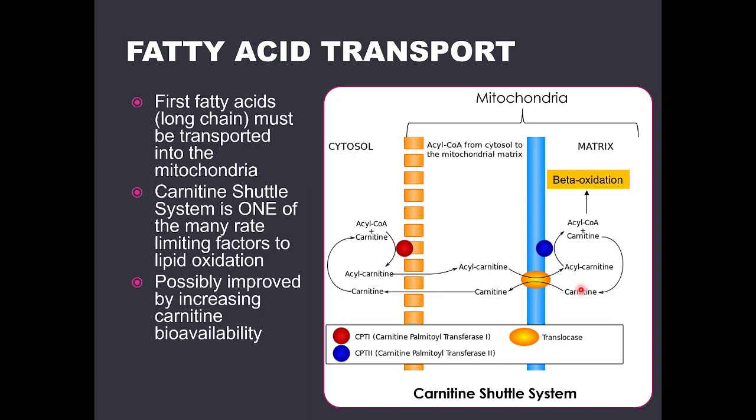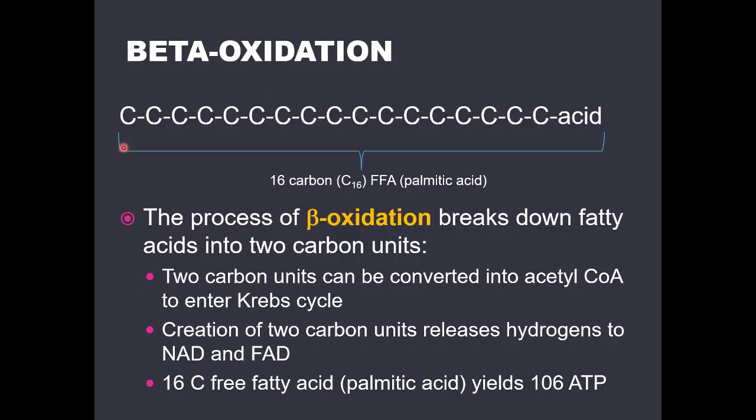Now, this may have some implications to performance, more specifically, long duration performance capacity. We will talk more about that in my Bioenergetics course, KIN4540, so hang on tight for that when you take that course. Now, the fat molecule that undergoes oxidation for the purpose of releasing energy to produce ATP is called a fatty acid.